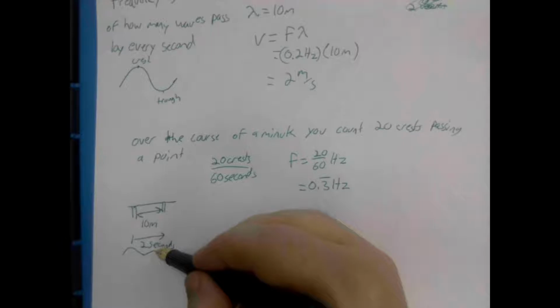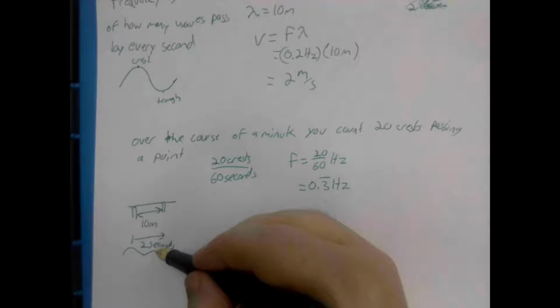If I then ask you what is the wavelength of this water wave, velocity equals frequency times wavelength. Solving for wavelength, we get V over F. So 5 meters per second divided by 1/3 of a hertz.